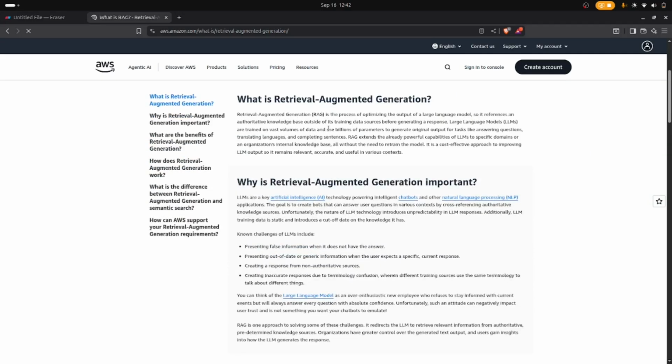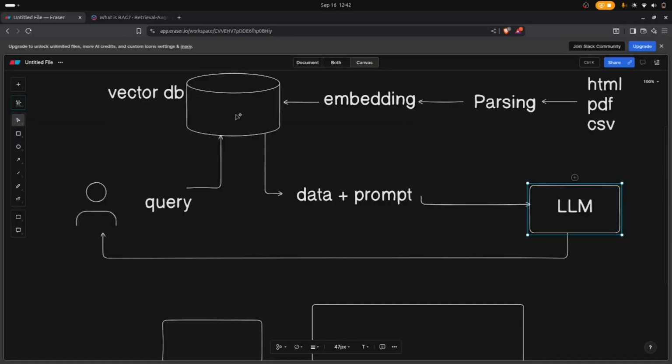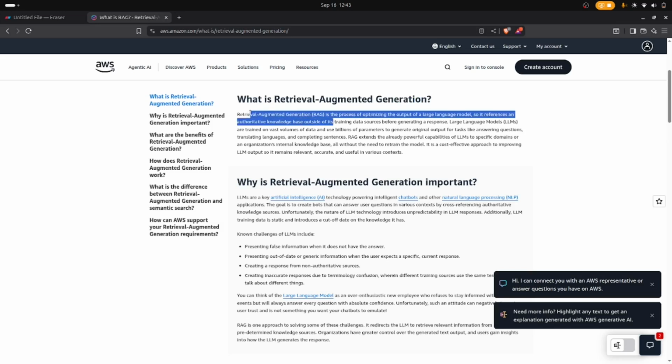Also, if you look at the definition of RAG, RAG stands for Retrieval-Augmented Generation, which means there are two components. First is retrieval and another is generation. Retrieval means retrieving the data from the vector database, and generation is what the LLM does. Let us look at the definition.